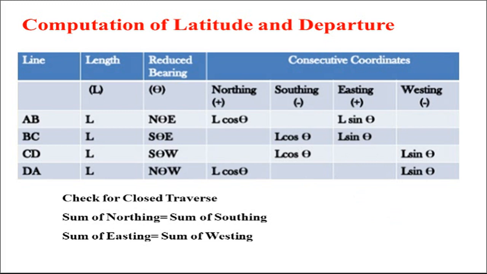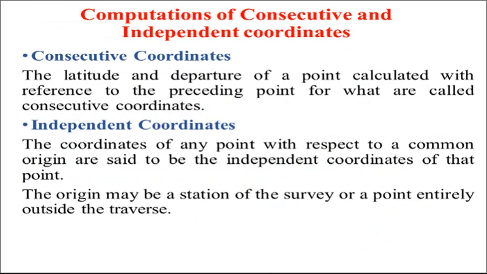Then next, calculations for independent coordinates. First of all we will see what is meant by consecutive coordinates. The latitude and departure of a point calculated with reference to the preceding point are called consecutive coordinates. I will repeat this definition again.